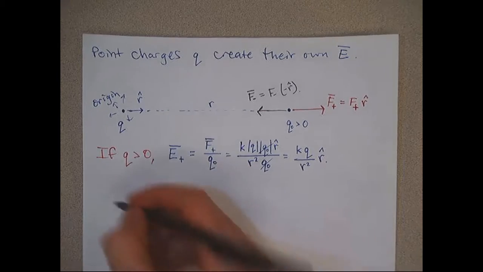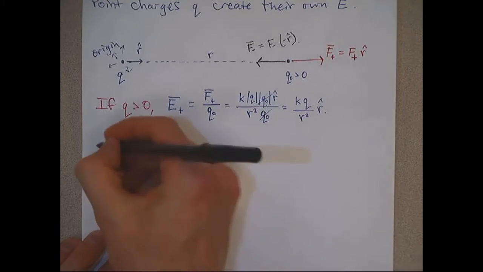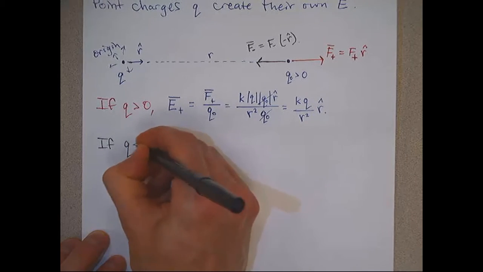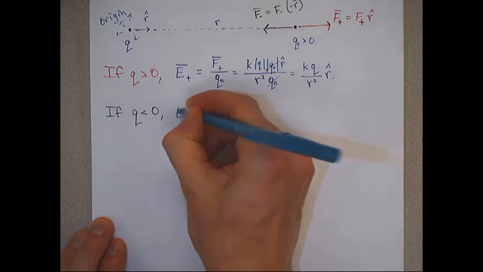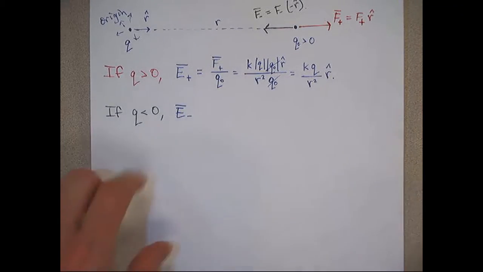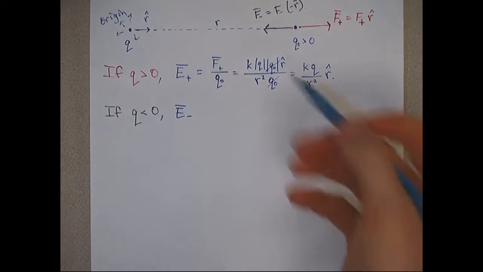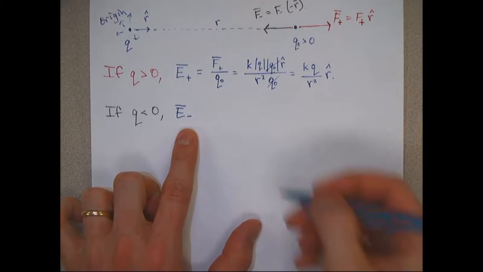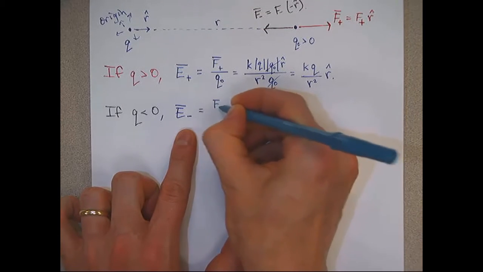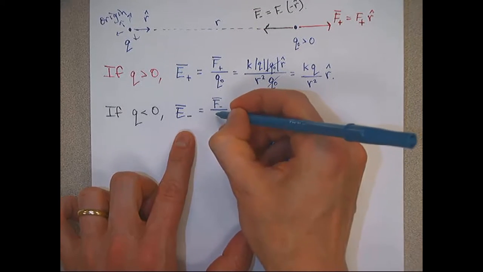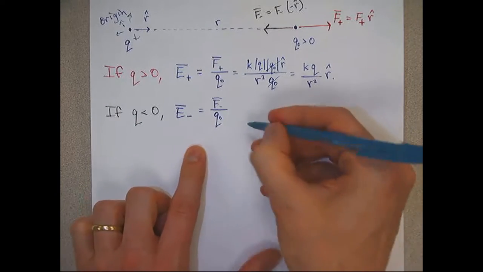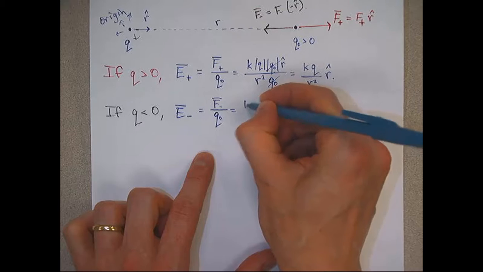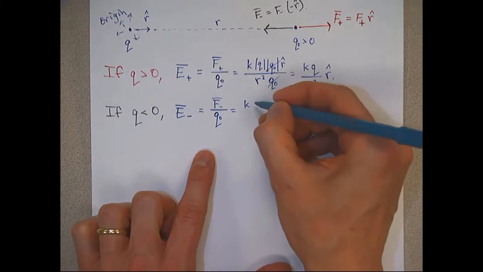In the negative case, the charge Q will create a field. We'll call it E minus, just to keep them separate in our minds, F minus over Q0. Again, we create the magnitude of the F minus force.